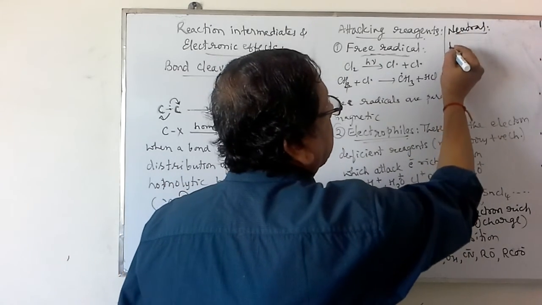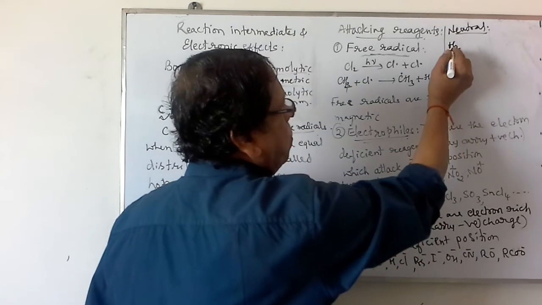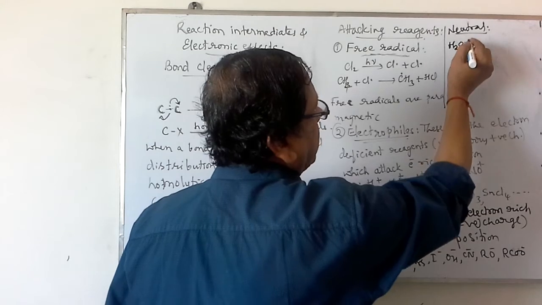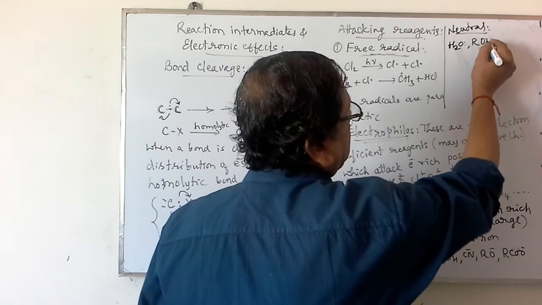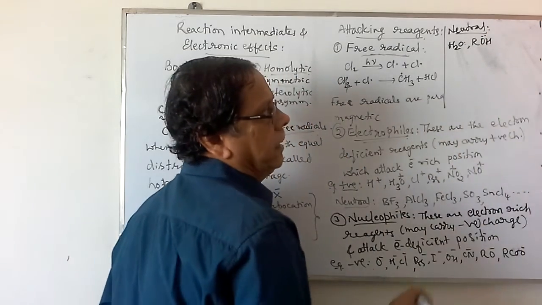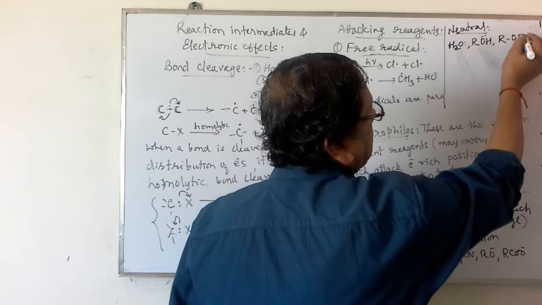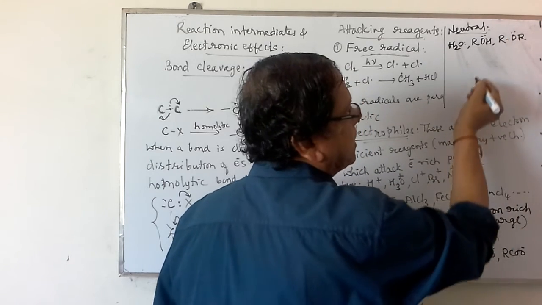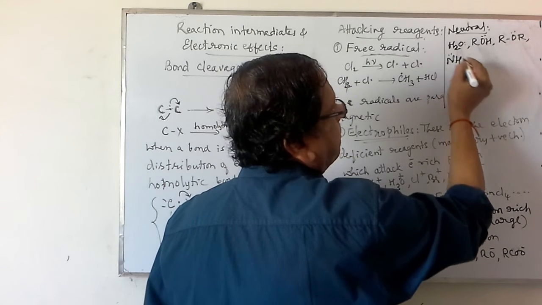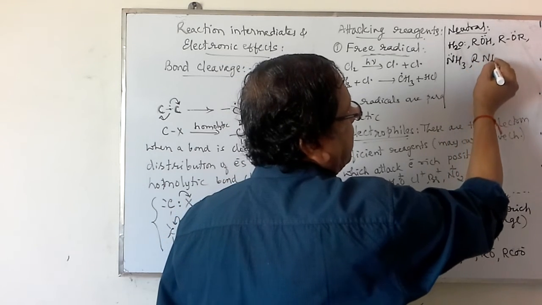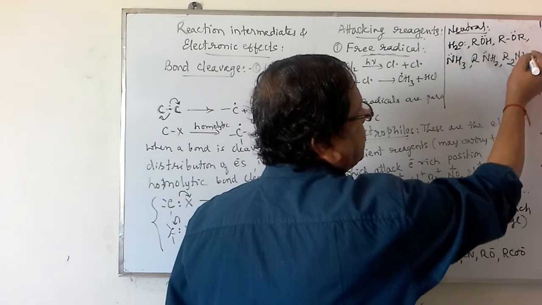It is H2O, with a pair of electrons. Similarly, ROH, oxygen carrying the lone pair of electrons. Similarly, ethers, where oxygen again carries the lone pair of electrons. Similarly, ammonia, amines, primary amine RNH2, secondary amine R2NH.